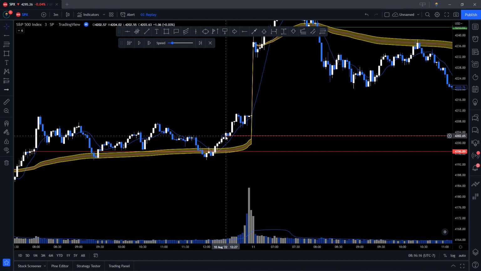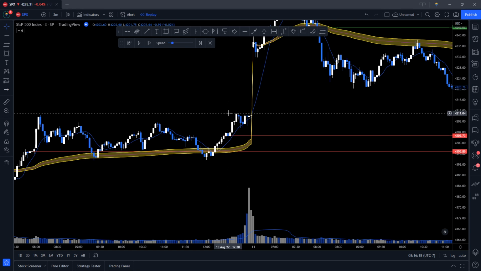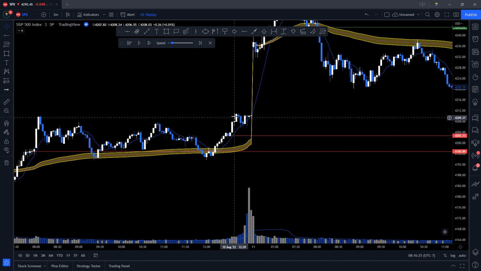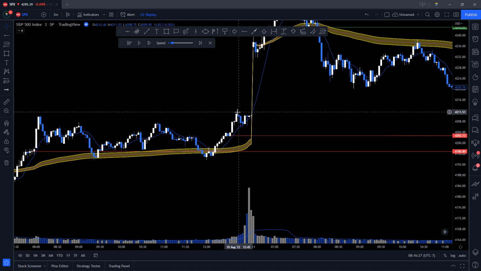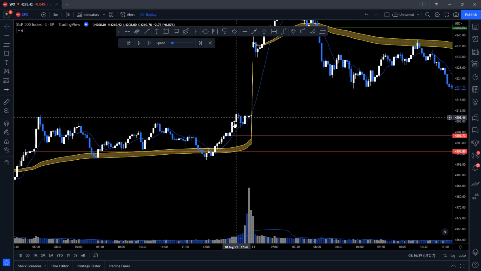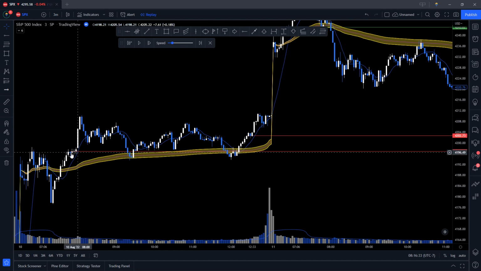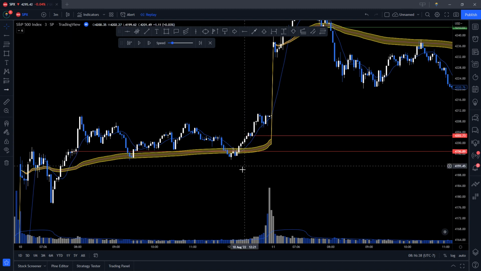We're looking at 4202 to 4212. This is almost a 10-point move. We'll call it 8 points to be fair. This will pay you. This is over $100 per contract. So it happened twice on this day and gave us at least $100 each time.